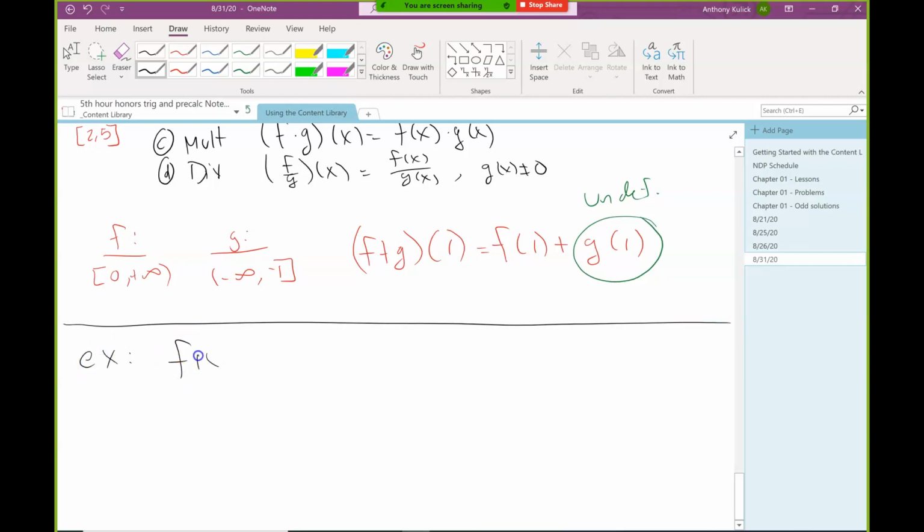So let's take f of x to be 2x minus 3 and g of x to be the square root of x plus 2. And let's say I wanted to do f plus g of x.